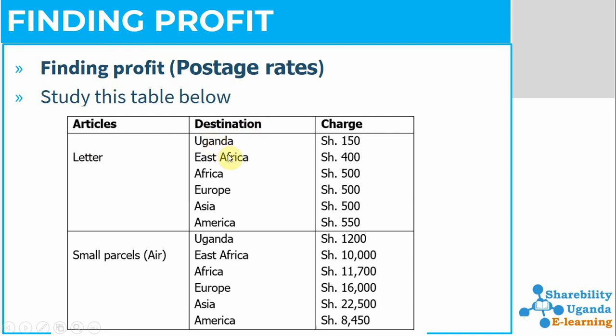We have Uganda, East Africa, Africa, Europe, Asia and America. So we are not having Tanzania and Kenya, but we are having Uganda. So where should we get Kenya and Tanzania? But it is not here.